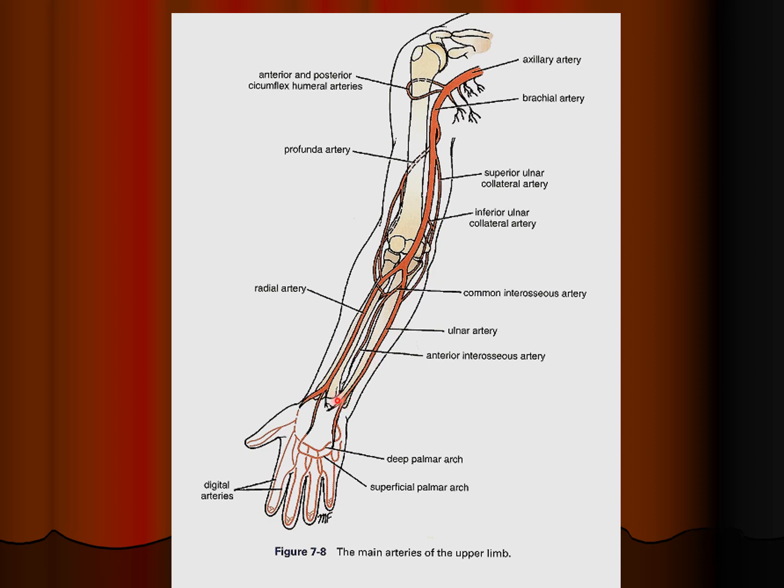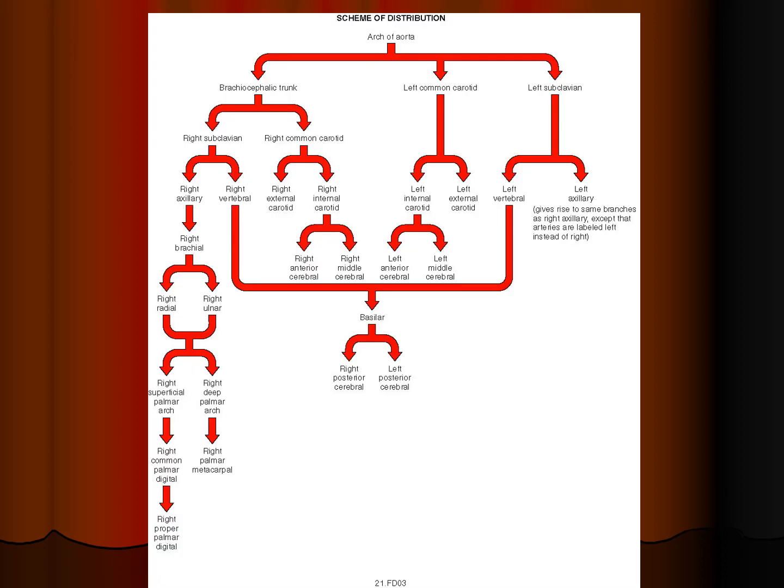When they reach just below the wrist, they divide into superficial and deep branches. Superficial branches will connect together and form the superficial palmar arch, and deep branches will connect together and form the deep palmar arch. Another differentiating point between the superficial and deep palmar arches is that the superficial palmar arch is formed more distally as compared to the deep palmar arch, which is proximal. So this is proximal in relation to the trunk, and this is distal. And they will ultimately supply the hand. This is the scheme of distribution.